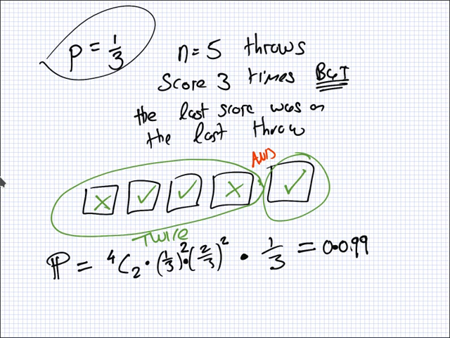Let's take the example of a coin. I flip a coin. What's the probability that I would land on heads? 1 over 2. If I flip the coin 100 times, how many heads do I expect? 50. Now, in your head, what did you multiply to get that? A half times 100.